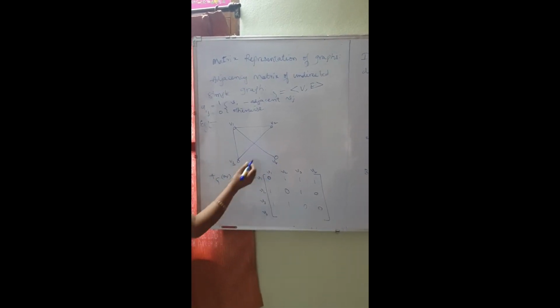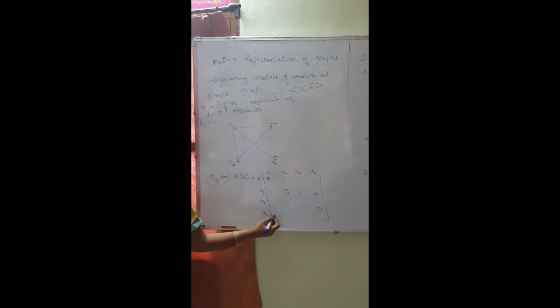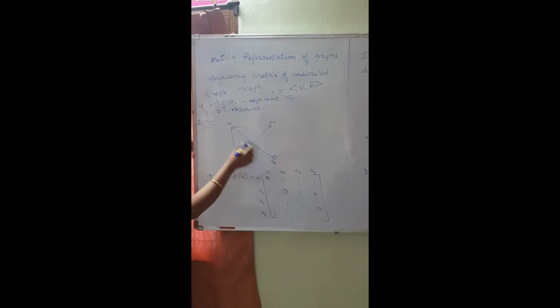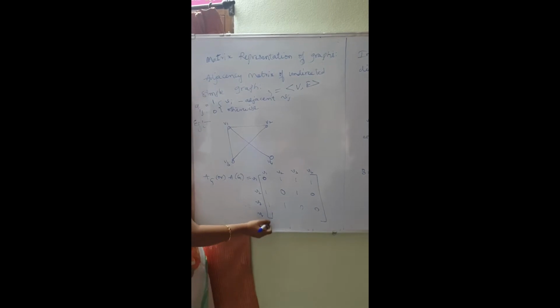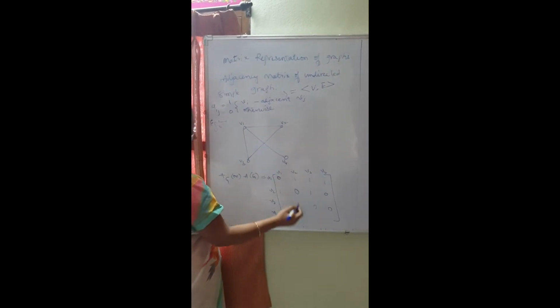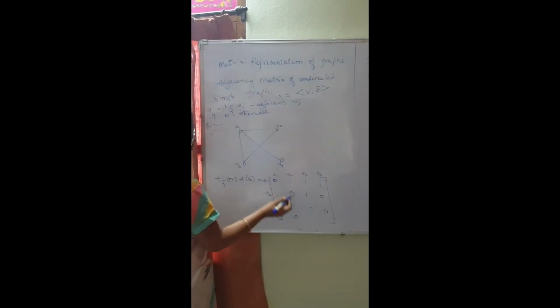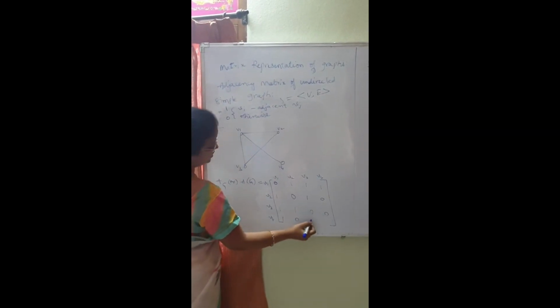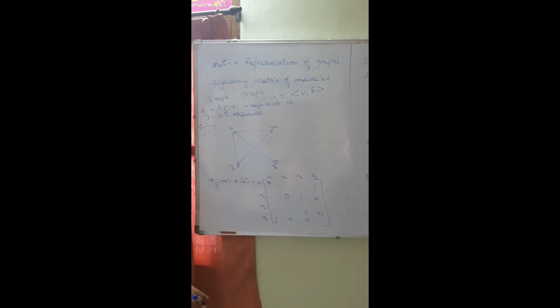V4 to V1 we have one edge, so V4 and V1 are adjacent, and I am giving the value 1. Next, V4 to V2 we have no edge, therefore it is 0. V4 to V3 no edge, therefore the element value is 0.